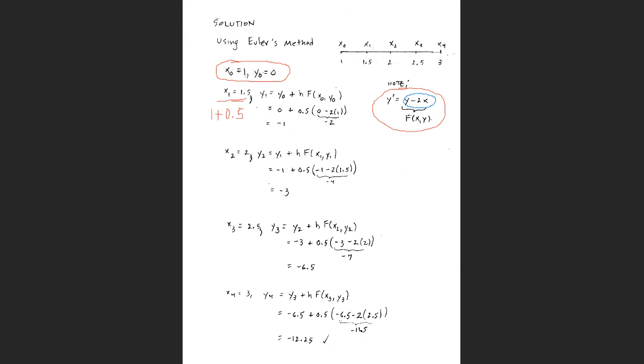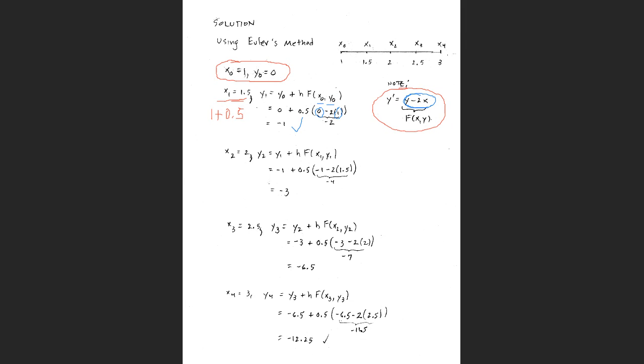So on the first iteration, I substitute in x sub 0 and y sub 0 for x and y in my derivative. The function is y minus 2x. So y sub 0 is 0, and x sub 0 is 1.